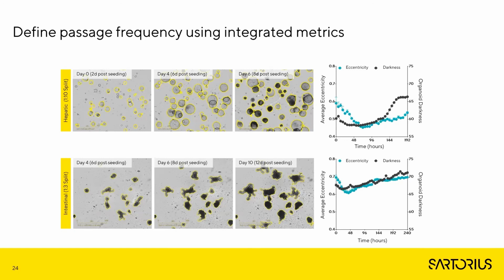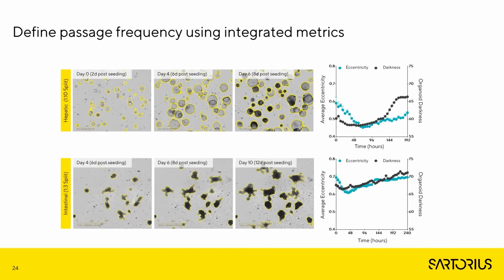Now, organoid passaging frequency is driven by indicators of organoid maturation, such as size, as I described on the previous slides, budding, and accumulation of debris within a lumen. You can kinetically quantify these indicators using the IncuSight's eccentricity or darkness metrics.